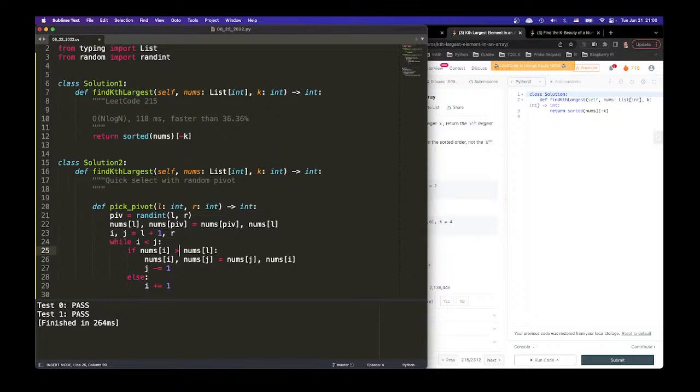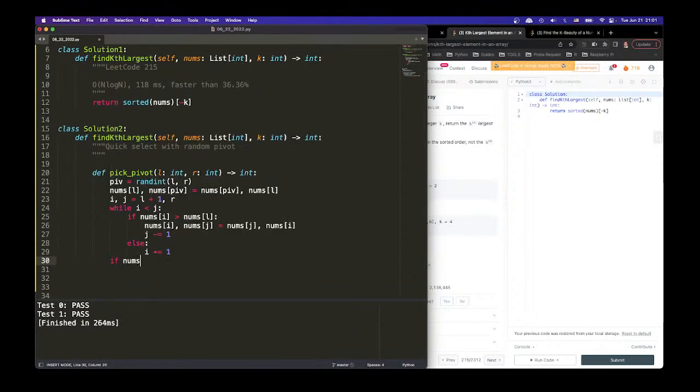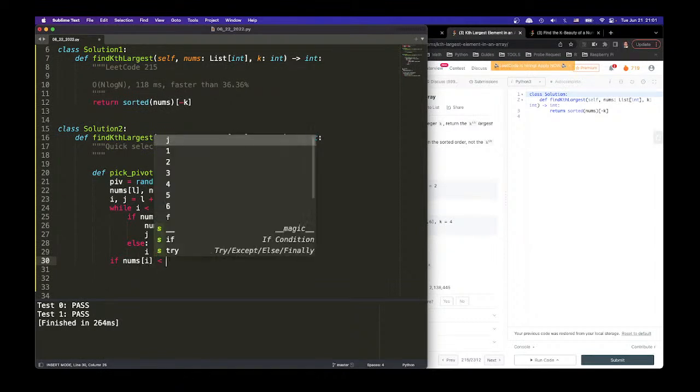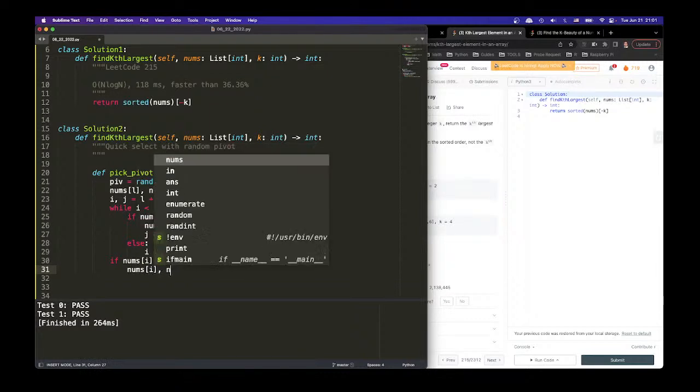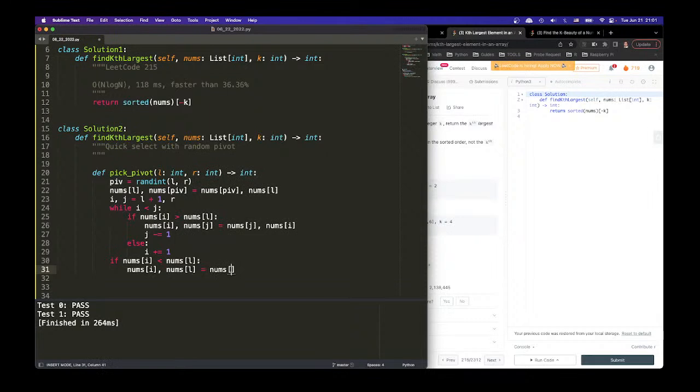If the I is smaller than L, that means we need to do that. So when we get out, we say if nums I is smaller than nums L, then nums L equals nums L and nums I. We swap the two because I is smaller.